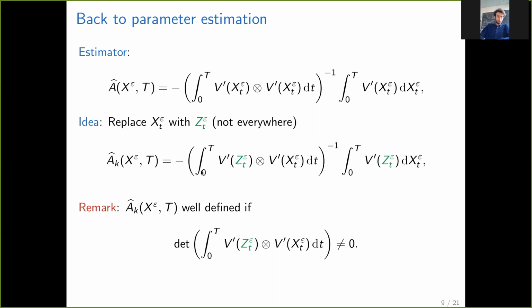Let us remark that A hat is well defined if this matrix is non-singular. We assumed it in our work, but we are actually pretty certain that this holds almost surely, since this is a random matrix, the infinite sum of random rank 1 matrices.